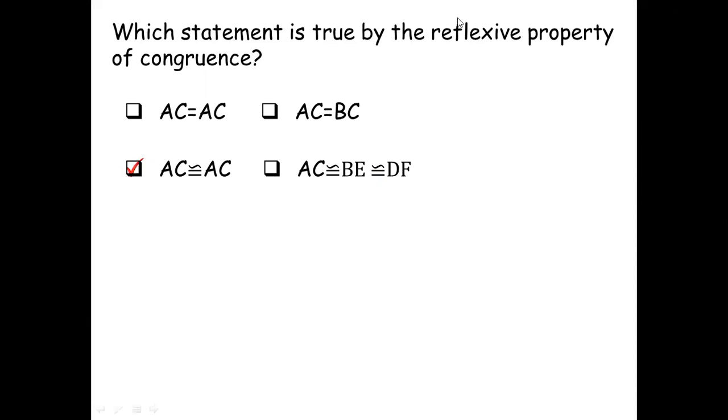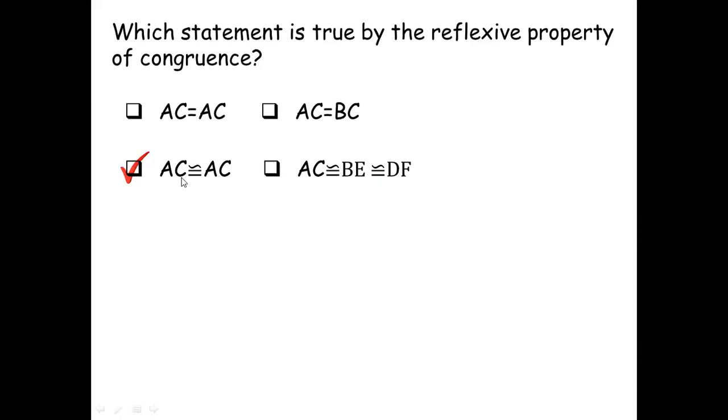Now, if you read the question very carefully, it says reflexive property of congruence. They did not say reflexive property of equality. If they said reflexive property of equality, that is AC equals AC because there is an equal sign. But here they have said reflexive property of congruence. So definitely it needs to be with the congruent sign.